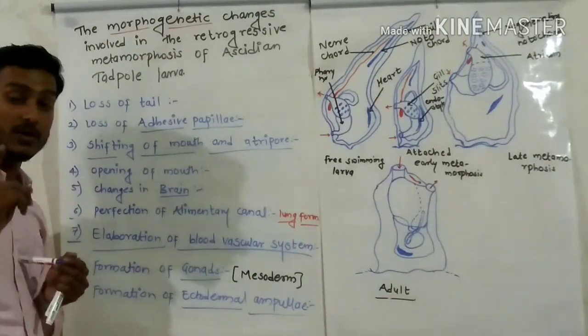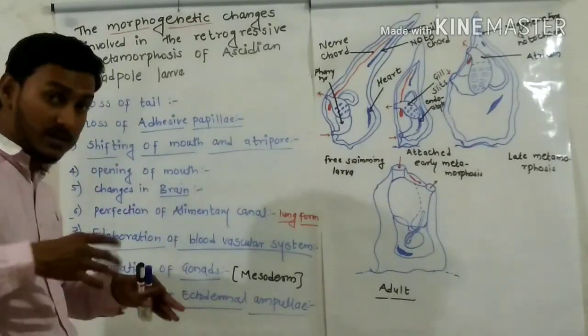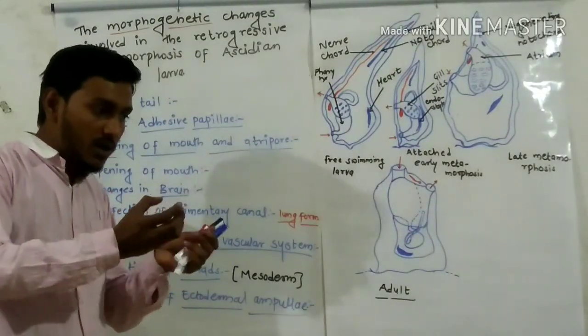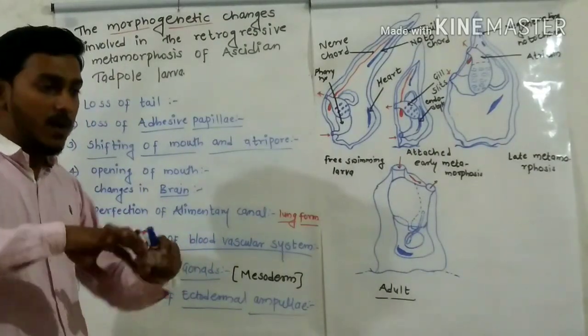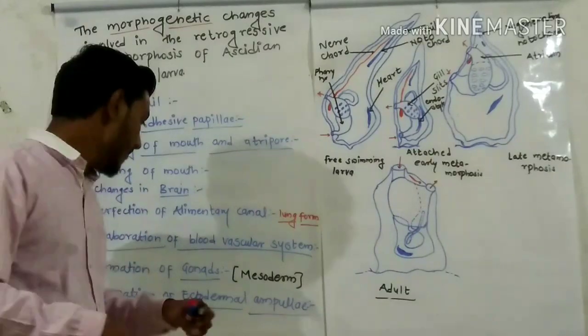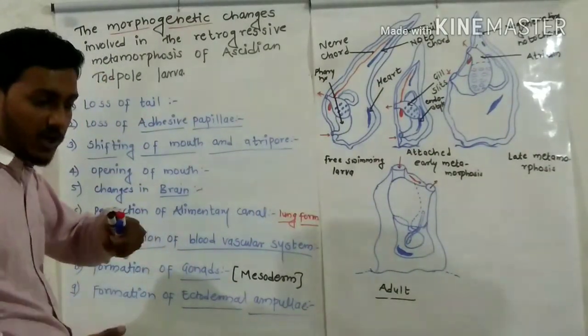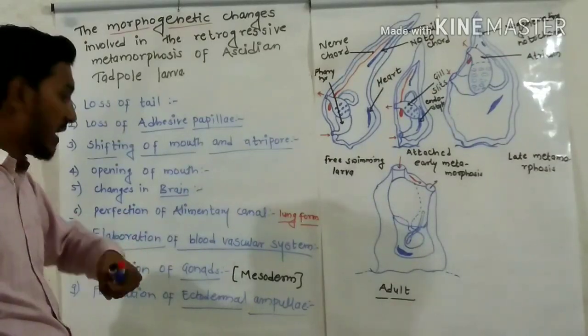Now what is this? The ectodermal ampullae. In the formation of this ectodermal ampullae, the outer region, that is the test and the ectoderm, enlarges from the four sides and attaches to the substratum, and the region between the mouth and the point of attachment is known as the ectodermal ampullae.